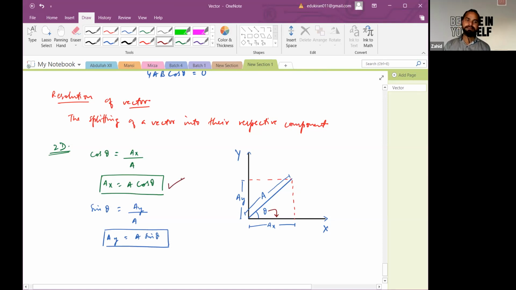Similarly, the component opposite to this theta behaves as the perpendicular component. To get this term, multiply this vector A by sin theta. So this is how we can break a vector into two different components: one adjacent to theta and the other opposite to this particular theta. Is it clear?